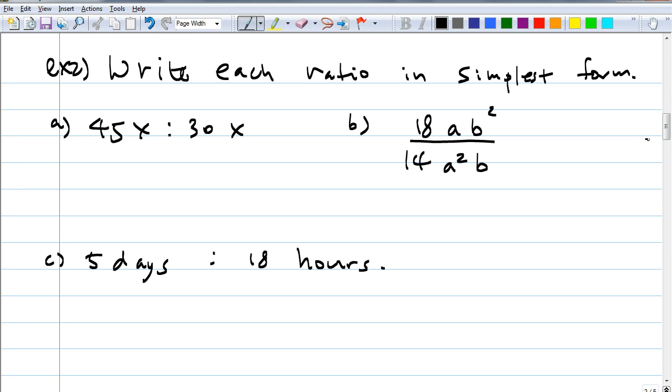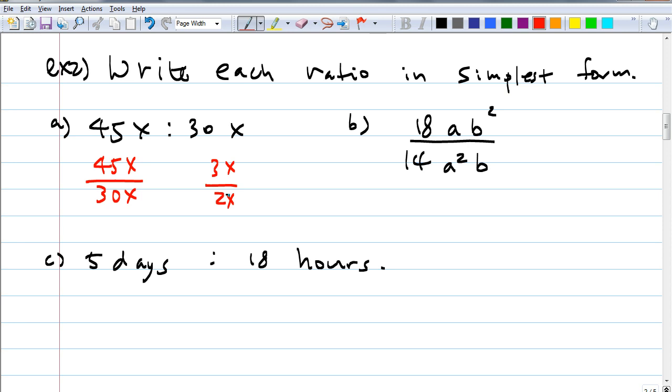Okay, so A, let's see. Rachel, what did your group say? 3x to 2x. You guys come up with 3x to 2x? How did you do that, first of all? By the way, did anybody find that it's best to write this as a fraction like that? How did you get 3x to 2x, Rachel?